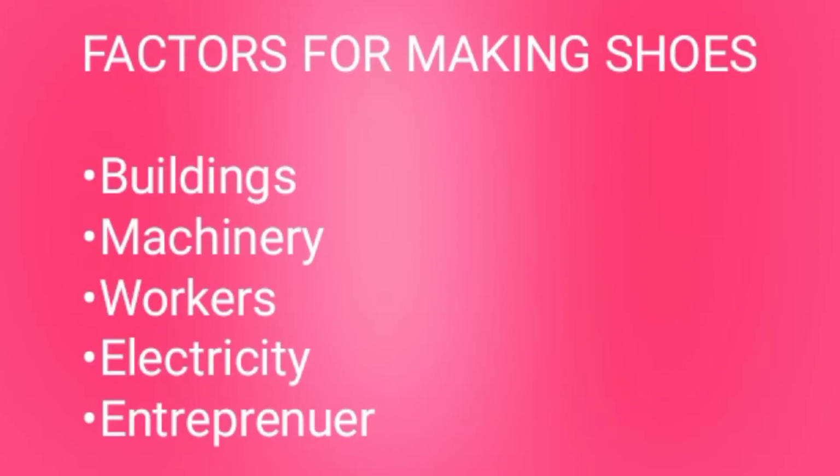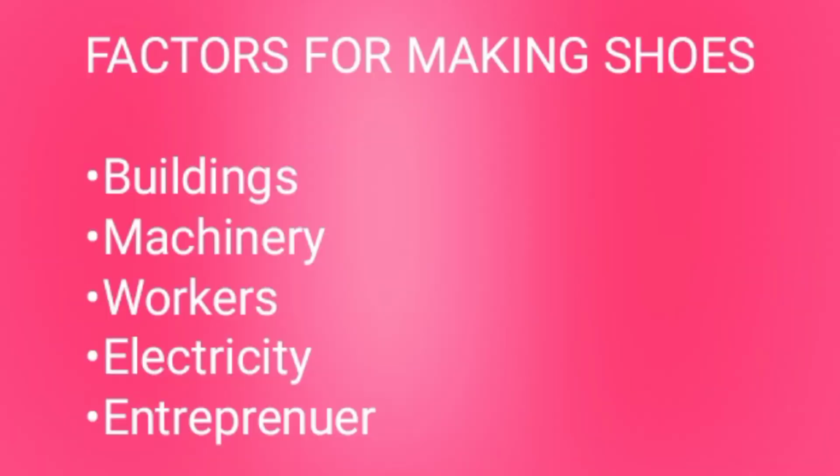So the machines' involvement is also a main factor. Then are workers. The workers are also a major part of this shoe factory or any other jobs. The workers help to make the goods and distribute the goods.